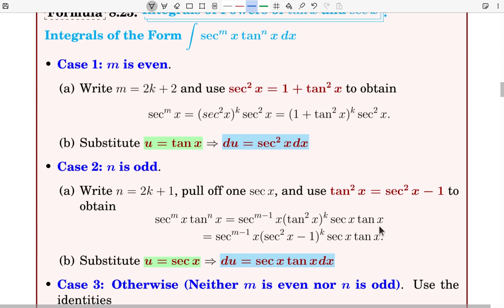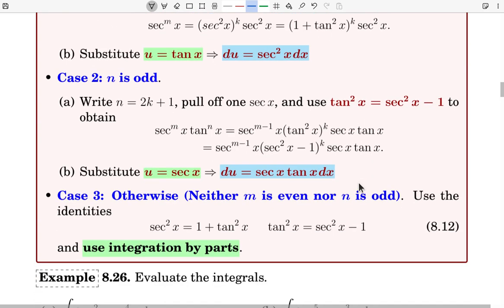Okay, so don't be confused about the formula. Otherwise, by using these identities and also some integration by parts, maybe you may have to use integration by parts first and then use these formulas.